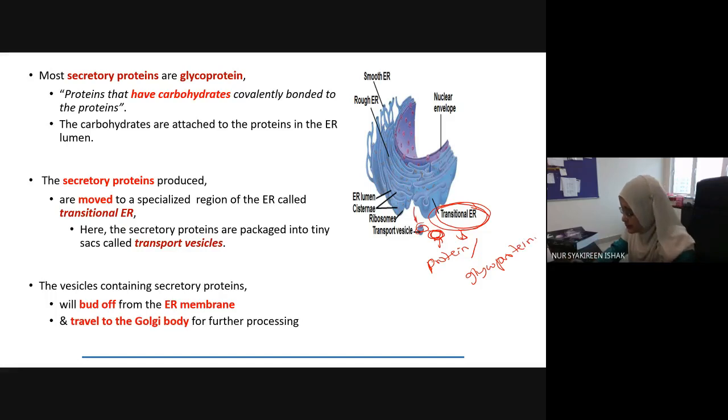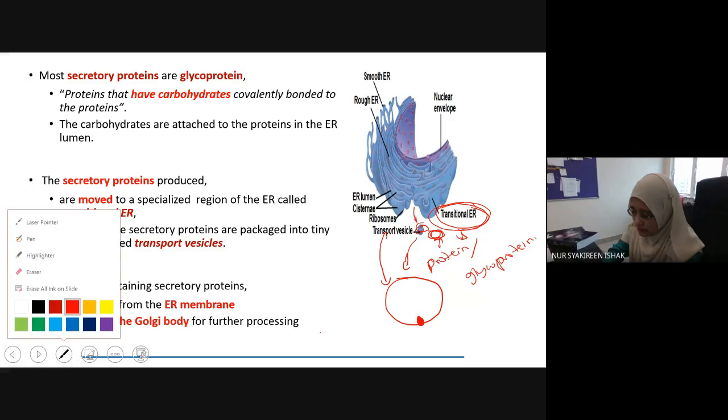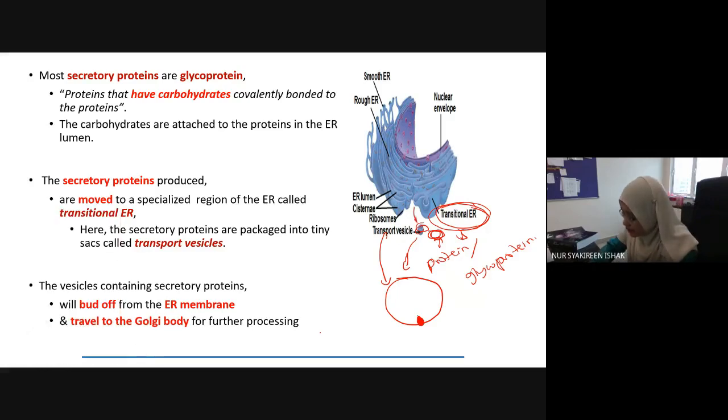Kalau awak tengok kat sini kan, bila awak enlarge kan dia, macam mana nak imagine glycoprotein tu? Okay, so this is the membrane of transport vesicle. Okay, this is the membrane of transport vesicle. So this is the protein. Okay, the protein of which the protein is bonded to oligosaccharides.